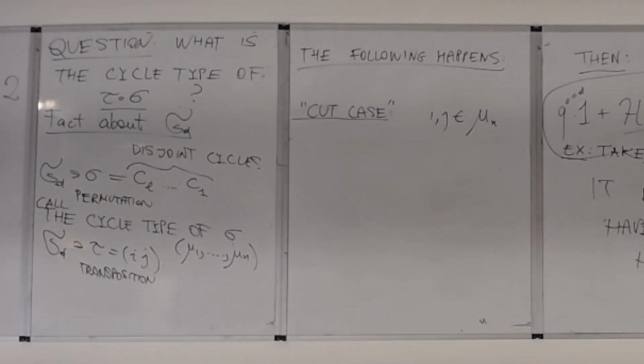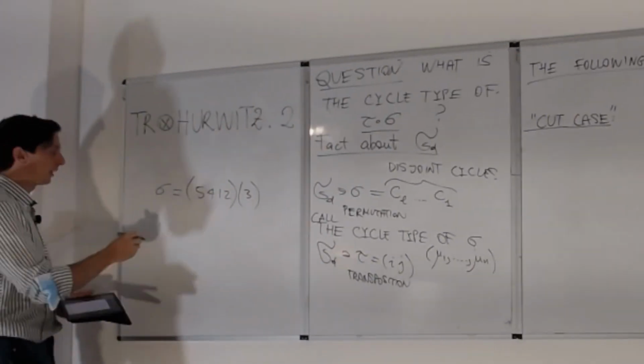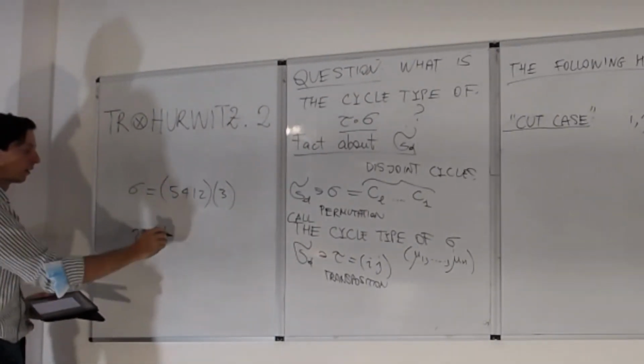Could we just make an example? Yes. Take a permutation, split it in cycles, and do i and j, thank you. Take sigma equal to (5 4)(1 2 3). And take tau equal to (4 2).